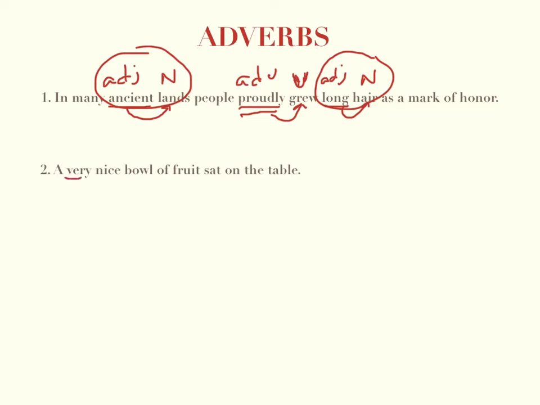If you identified very as the adverb in this sentence, then you are correct. And very is an adverb because it is modifying nice, which is an adjective. And by the way, nice is an adjective because it's modifying bowl, which is a noun. So here's an example of an adverb modifying an adjective. Very nice bowl of fruit sat on the table.